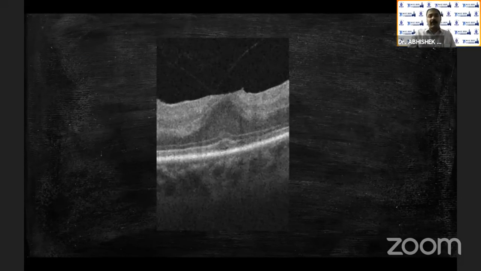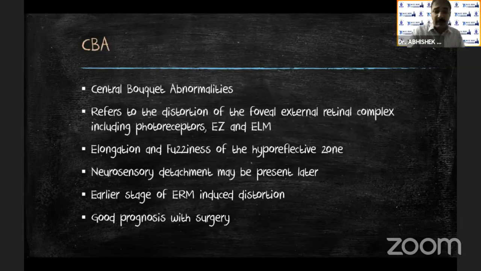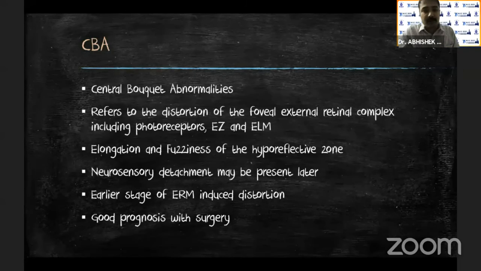Now, if you look at the outer retina here, what do you see? There is fuzziness of the ellipsoid zone and elongated photoreceptors. This is what is referred to as the ultra of ABC, that is CBA, central bouquet abnormalities. It refers to the distortion of the foveal external retinal complex, including photoreceptors, EZ and the ELM.